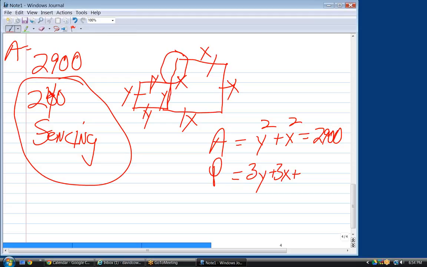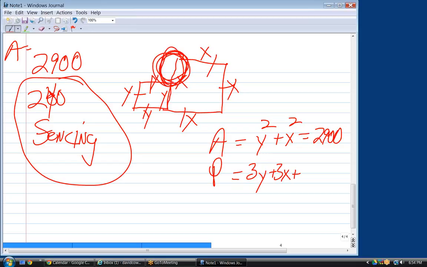B. No, don't introduce a third variable because we only have 2 equations. If we can stick with these 2 equations in x and y, we can solve this thing for both x and y. If you have 2 equations and 2 variables, you can solve it. What's this distance right here in terms of x and y?